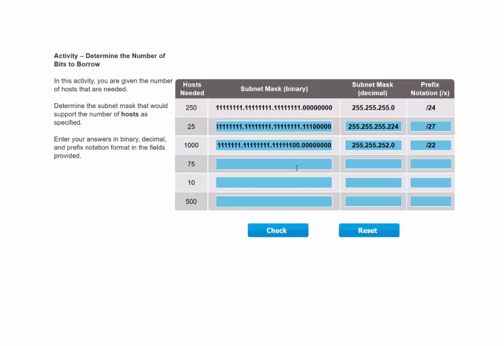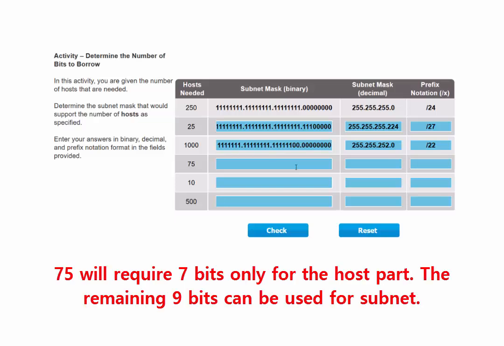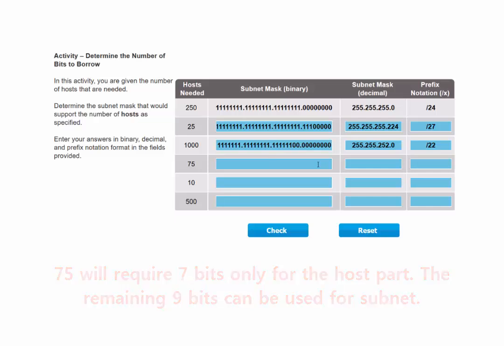Okay, so the next one, 75. Remember that 64 is 6 bits, so we need 7 bits to give us 128. Because if we have only 6 bits, this will give us only 64. So we need another 7th bit from the last byte to represent the 75 different host addresses.